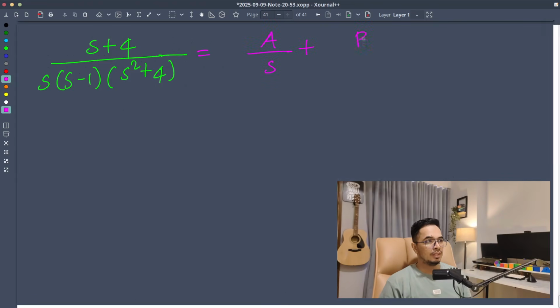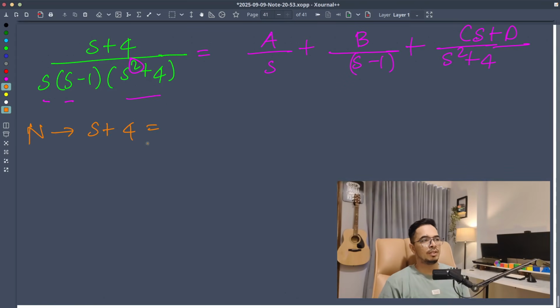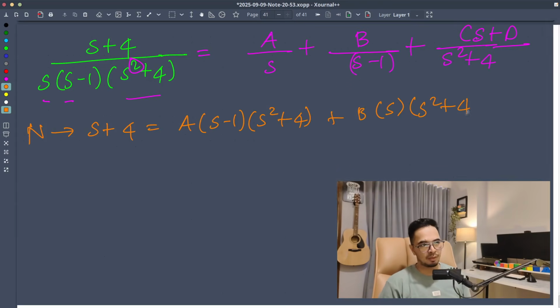So now we can represent it this way, because finding out the numerator is a little tedious task here, and we cannot just settle with a plus b plus c, because we have a fourth order denominator. We need to find out 4 variables in the numerator by using which we can map these 3 fractions really easily. And once we realize this, after that all the other steps become very easy.